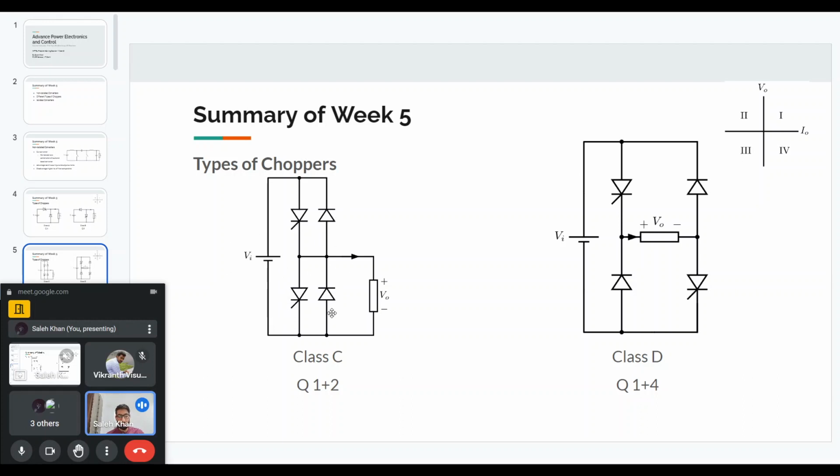By combining these two, we can have a class C chopper. Because we are combining, we will get quadrant 1 operation as well as quadrant 2 operation. So the output voltage is always positive, but the output current can be positive or negative. When the output current is positive, the top left thyristor and bottom right diode will conduct in the positive current direction. For the negative current direction, the bottom left thyristor and the top right diode will conduct.